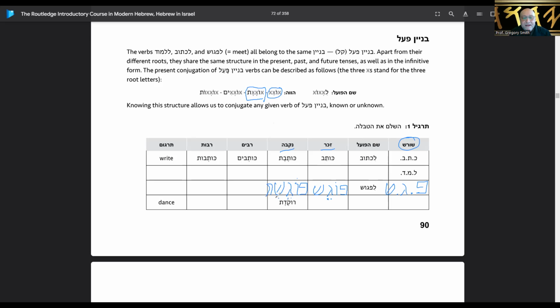I think those are segols there, kind of like an eh sound. That's a segol, basically three dots in a triangle. So under the nekeva we have pogeshet, hi pogeshet. She is meeting.